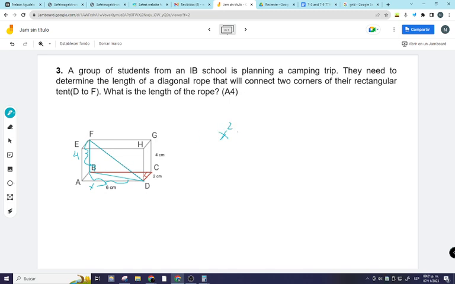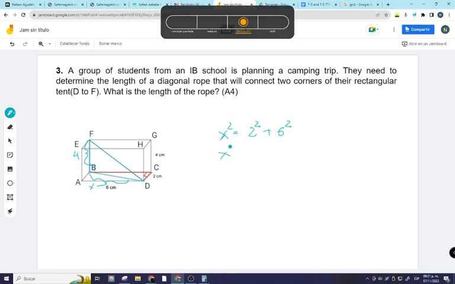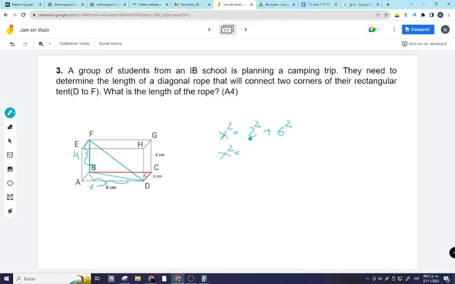So x squared should be equal to the addition of the square of this leg, which is 2 squared, and the square of this leg, which is 6. Look, this is 6, therefore this is also 6. So x squared is 2 squared, which is 4, plus 6 squared, which is 36.